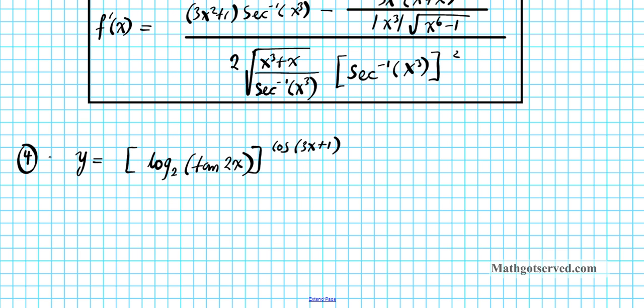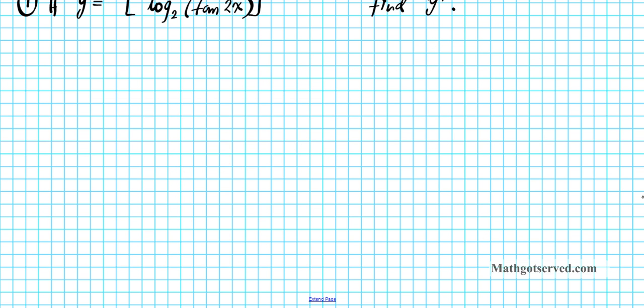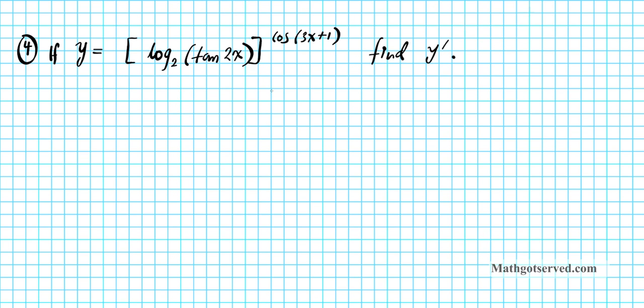So let's write out what the problem is completely. If y is equal to that, find y prime. That's the task. So the first thing you're going to do, if you want to use logarithmic differentiation, is take the natural logarithm of both sides of the equation. So you take the natural logarithm of y equals the natural logarithm of log base 2 of tan 2x raised to the cosine 3x plus 1.